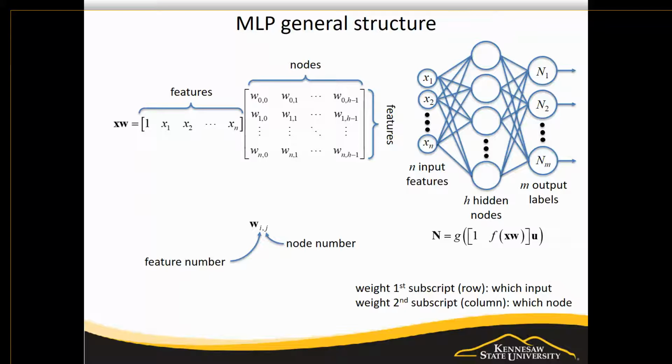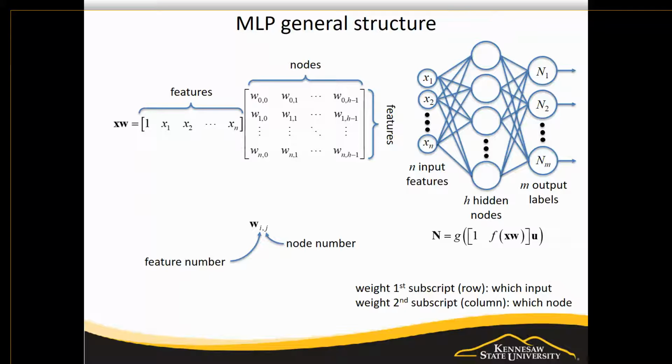So in general, I'm going to have n input features, h hidden nodes, and m output labels. And we need to be able to handle, in terms of the linear algebra, all of these different situations. So for our W, there is going to be a U matrix as well, but I'm just going to look at the W vector, and you can pretty much draw an analogy for what happens with the U one.